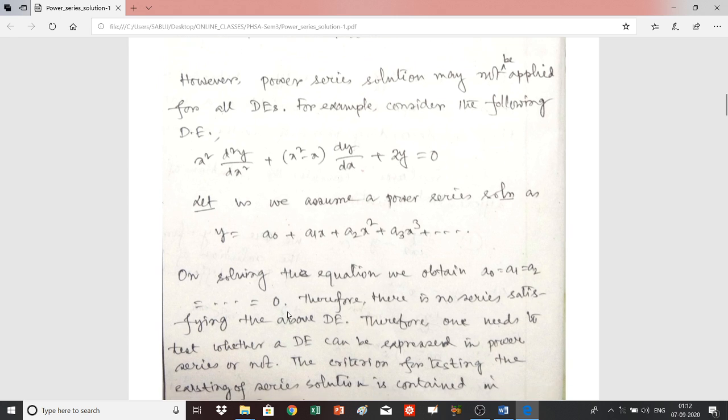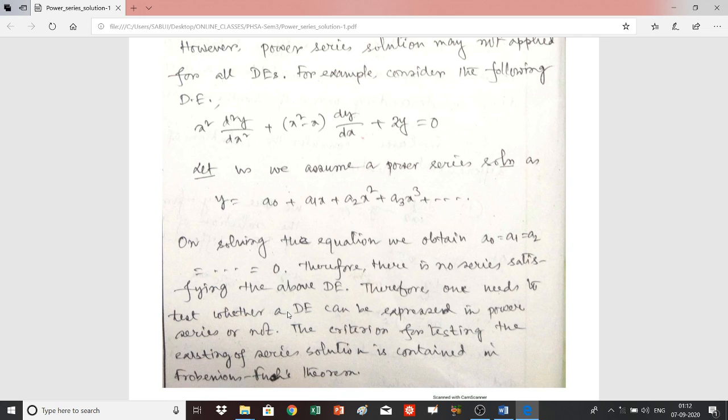Therefore, one needs to first test whether the given differential equation can be solved in power series method or not. And the method by means of which we can test whether a given differential equation can be expressed in power series method is called the Frobenius-Fuchs theorem.